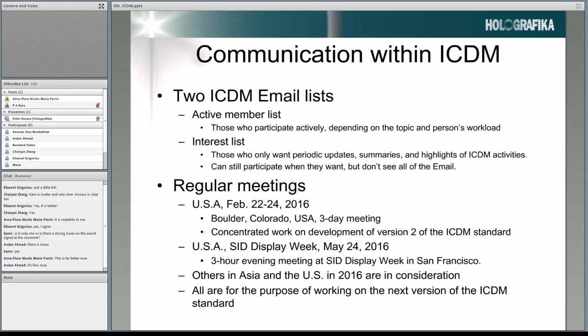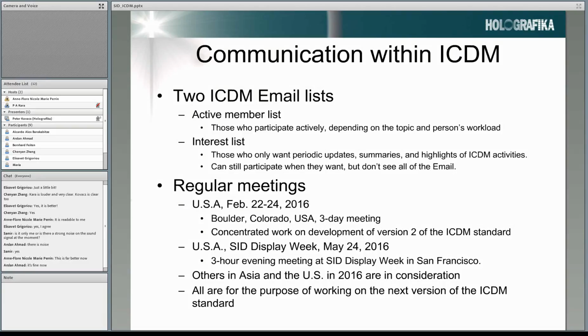The communication within the ICDM happens through mailing lists as well as face-to-face meetings. There are 2 different mailing lists. One is the active members list, whose members get all the communication, and there is an interest list for those who are not interested in the daily work of the body but want to see what updates are available. Usually there is an ICDM meeting co-located with each Display Week event every year.